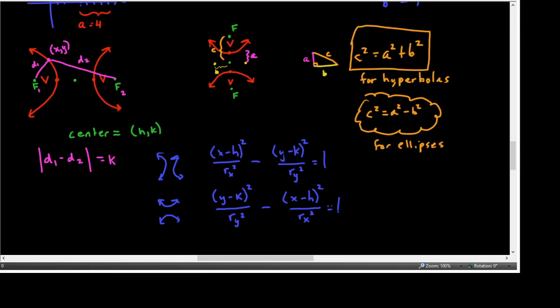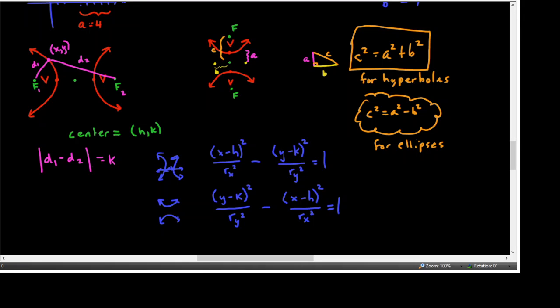Whereas the equation of the ellipse was the sum of two fractions equals 1, this is the difference of two fractions equals 1. And what I was saying earlier is that the order in which you subtract matters. If the fraction in front has x in it, that means you're going to be going from the center in the x direction to get to all of the major things.